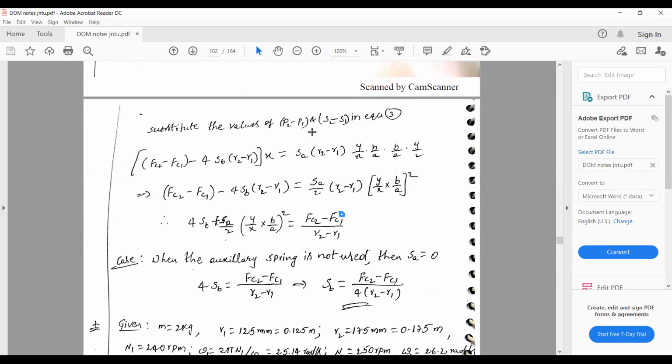Substitute the values P2 minus P1 and S2 minus S1 in equation number 3. Then the equation will be Fc2 minus Fc1 minus 4 into SB into R2 minus R1 into X equals SA into R2 minus R1 into Y by X into B by A into B by A into Y by 2.